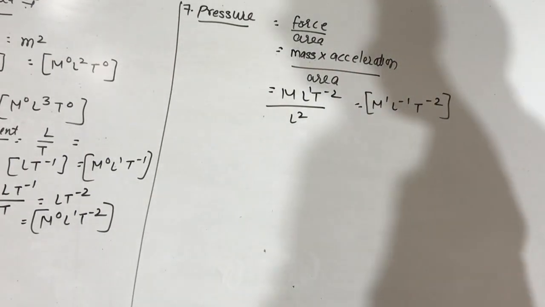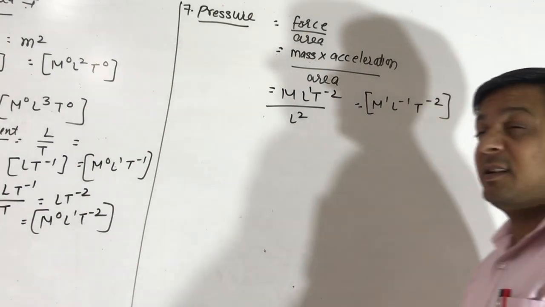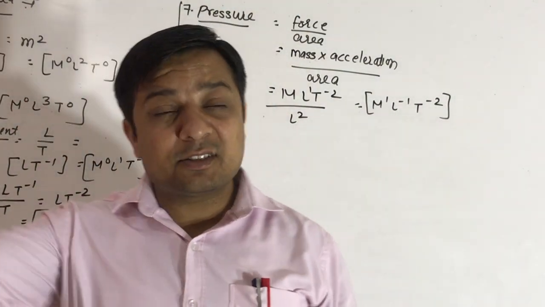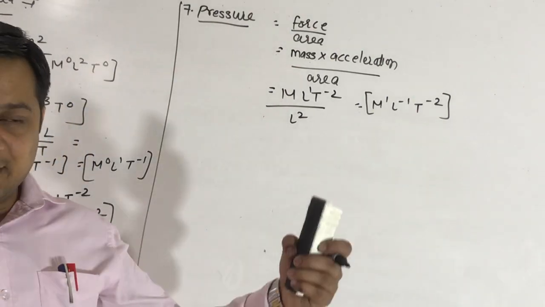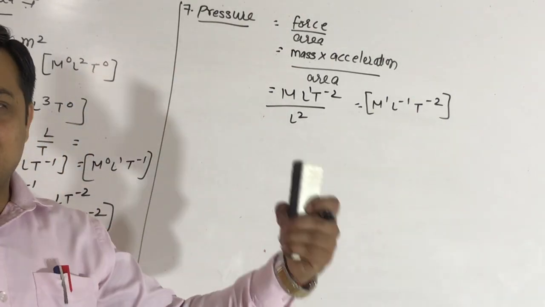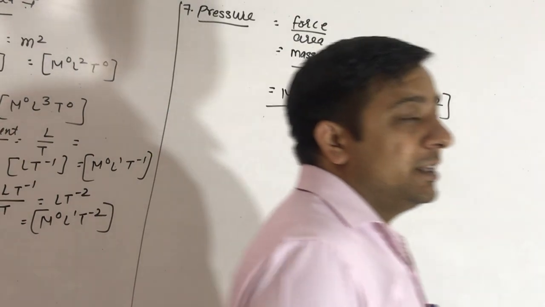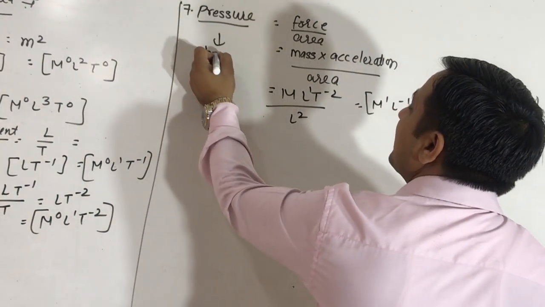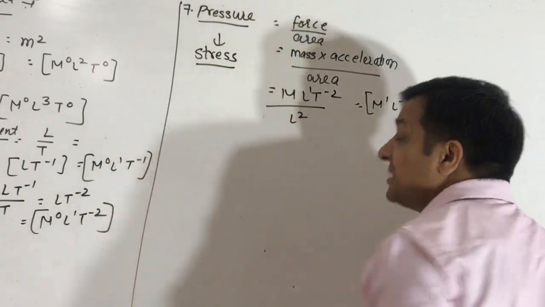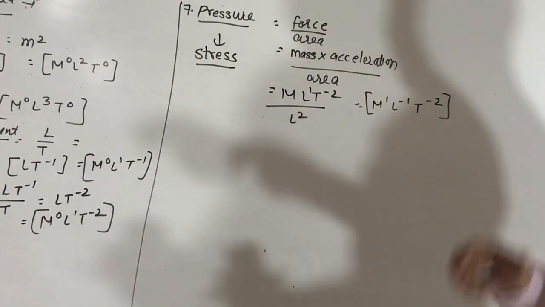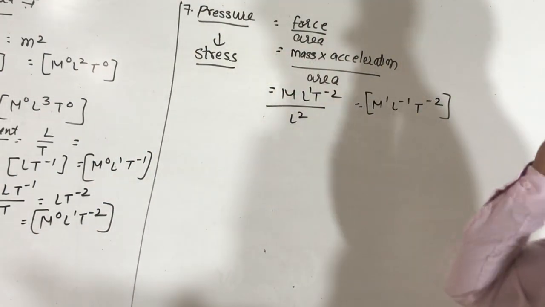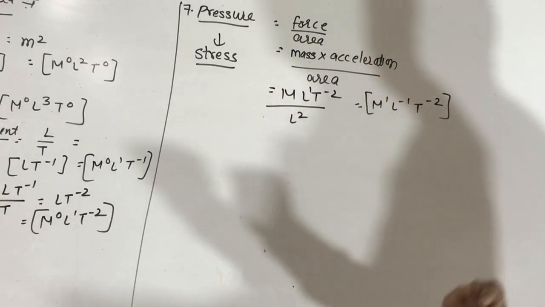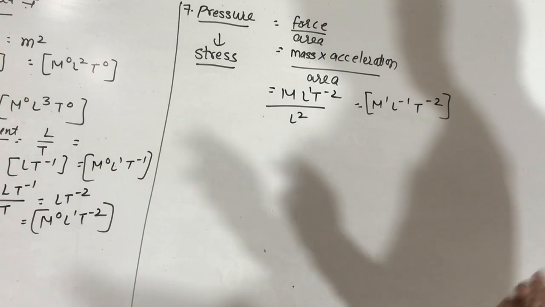And dear students, always remember stress. वैसे तो हम सोचते हैं what is stress? Stress है, but in properties of bulk matter, stress is like a pressure, and the same formula is of stress. Pressure and stress have the same formula, that is M1 L^-1 T^-2. Right?